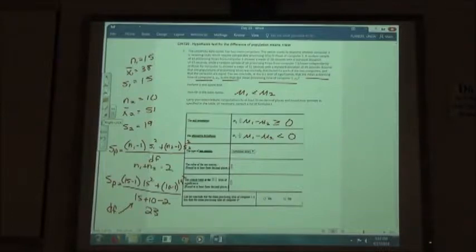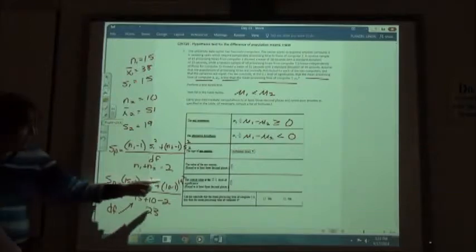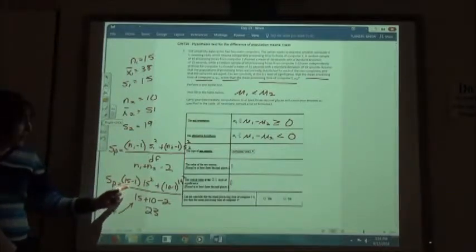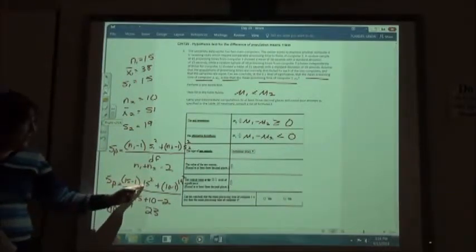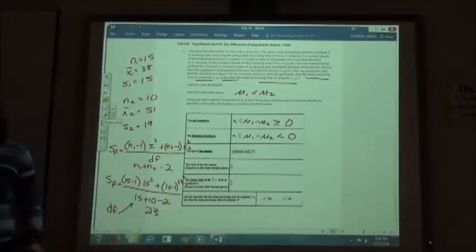So if you figure out that number, what do we get? And if you wanted to make this so you could type it in faster, you could just do 14 times 15 squared plus 9 times 19 squared, divided by your 23.